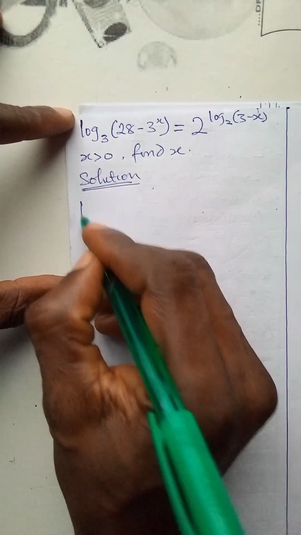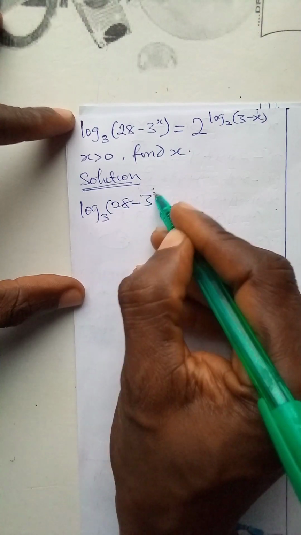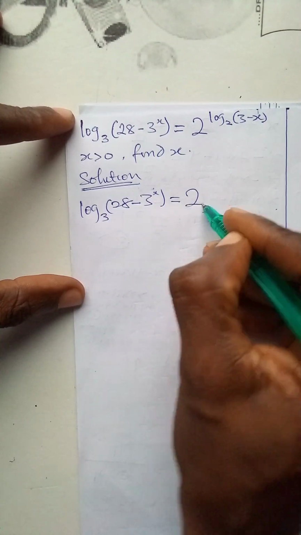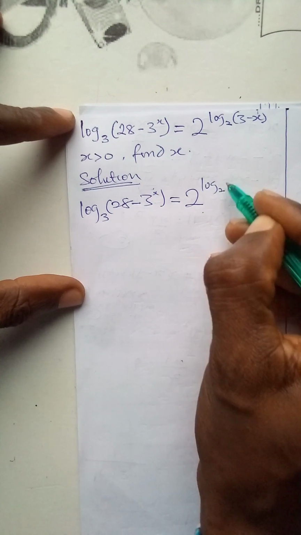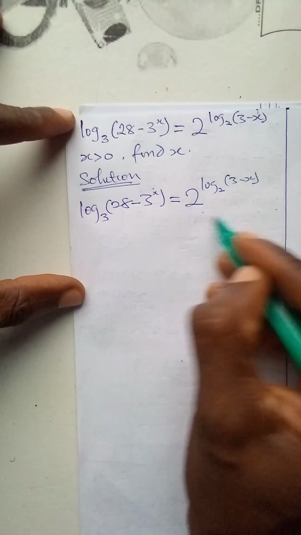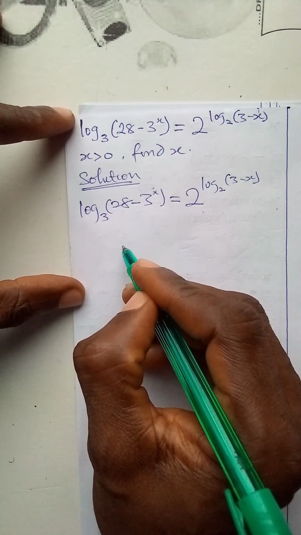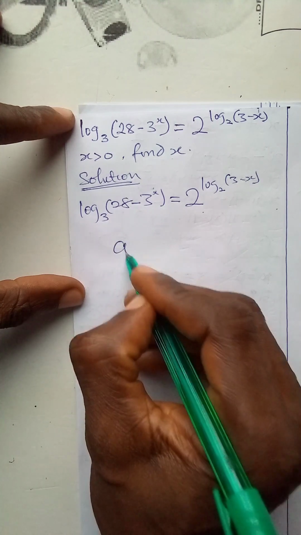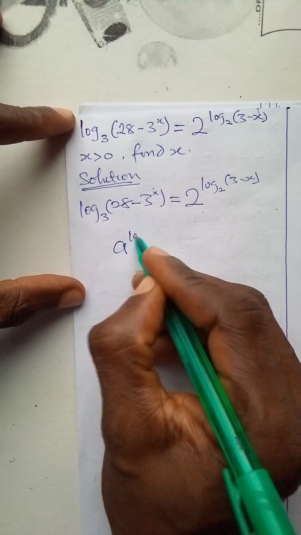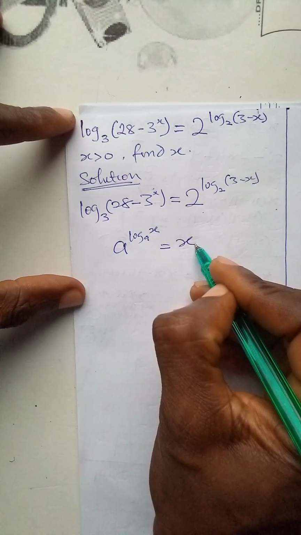The question is log to base 3 of (28 minus 3 to power x) equals 2 to power log to base 2 of (3 minus x). Now, we need to look for a way to rewrite this. Let us remember that in the law of logarithm, if we have a to power log to base a of x, we will have x as the answer.